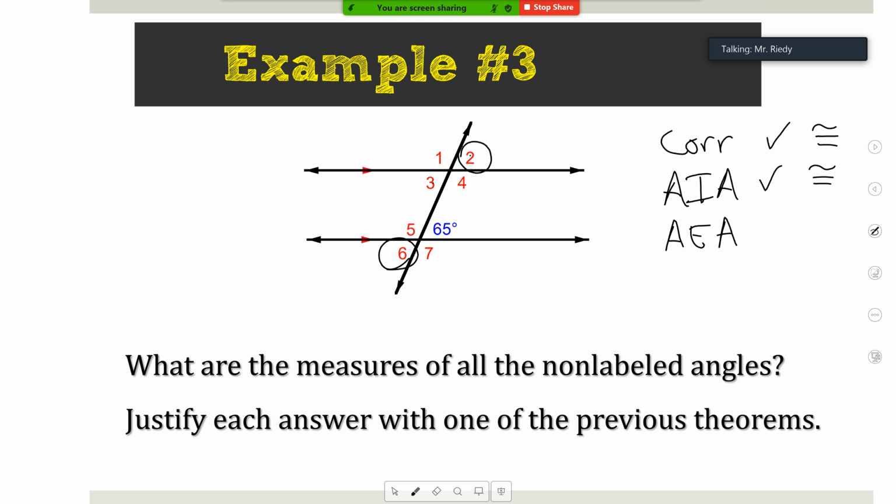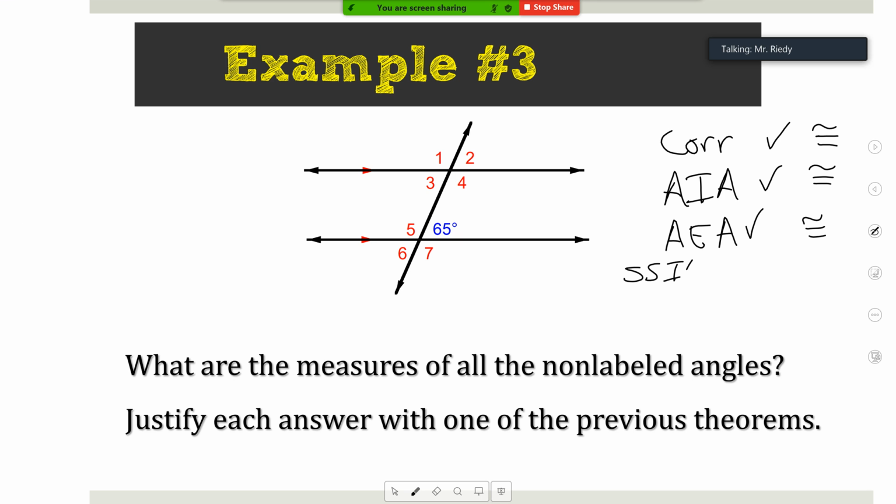So in this picture, how big is angle 2? 65 degrees. Good. How big is angle 6? 65. So are they supplementary? Oh, no. What are they? They are congruent. Good. Okay, there's our third theorem. The alternate exterior angles are congruent.